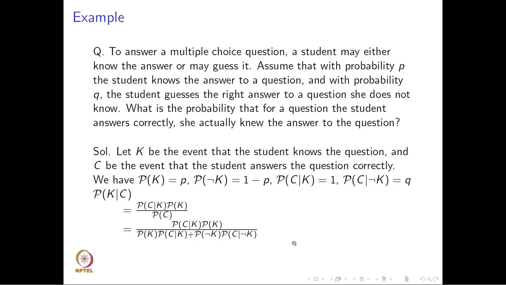Now, using the values which we have gathered from the question, we can arrive at the answer of P by P plus Q into 1 minus P.